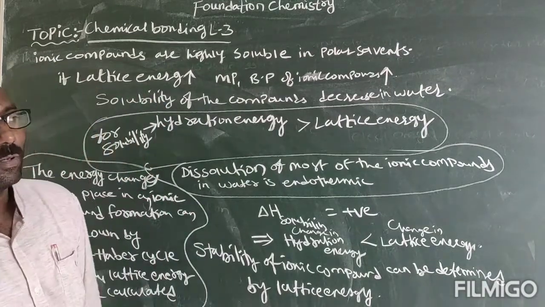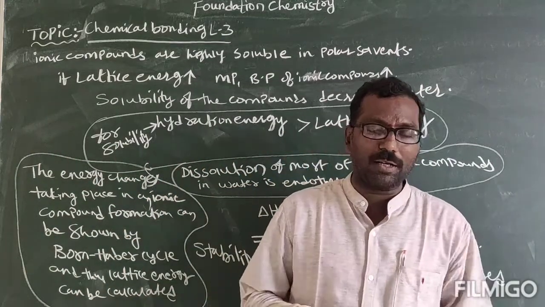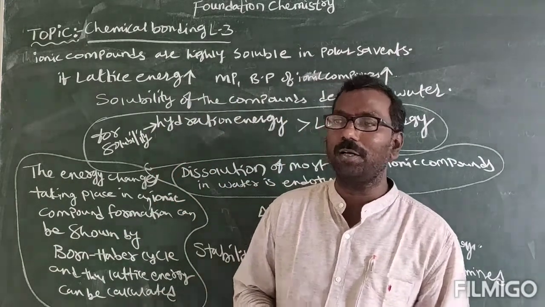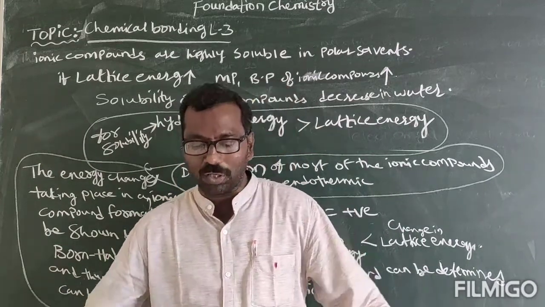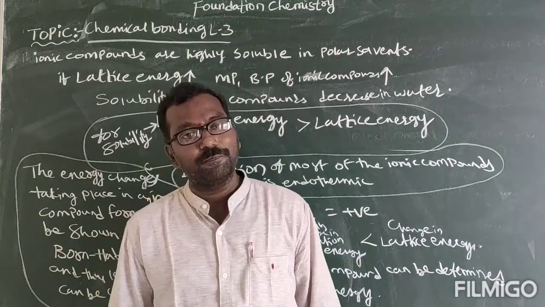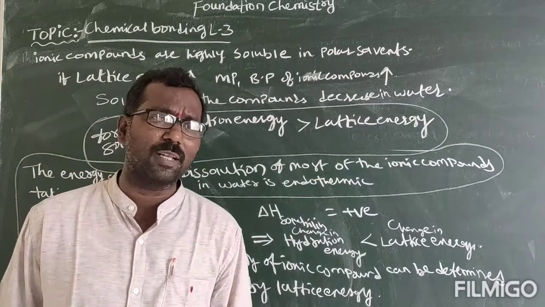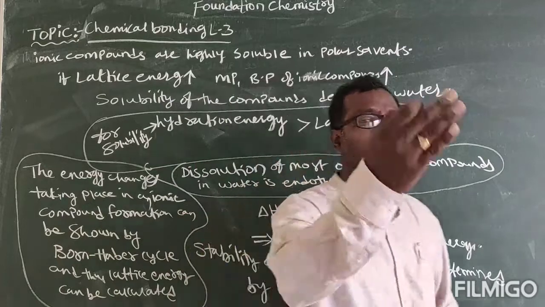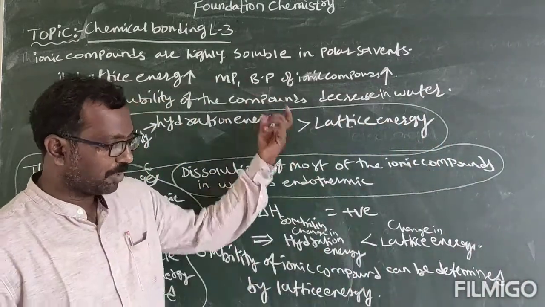If there is a large difference in electronegativities, that also decides the strength of the ionic bond. The larger the difference, the stronger the bond. Smaller the size of the ion, larger the lattice energy, and greater the charge on the ion, larger the lattice energy.